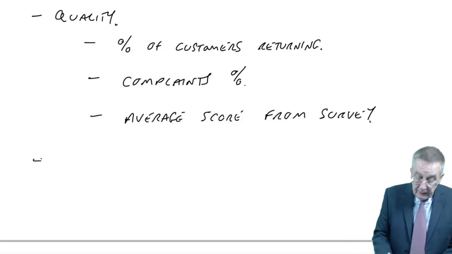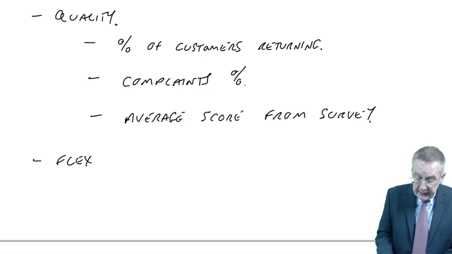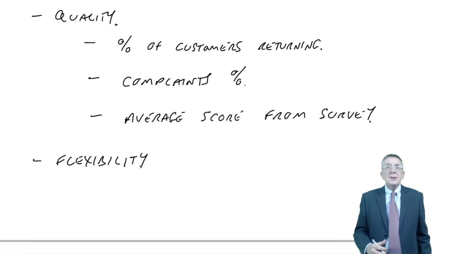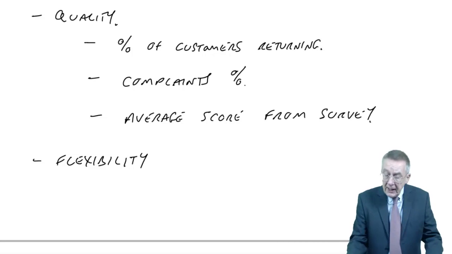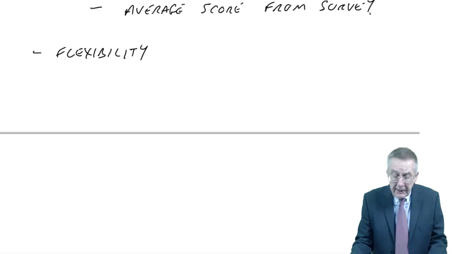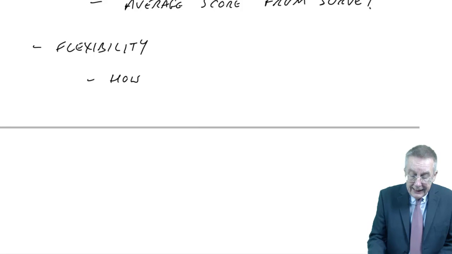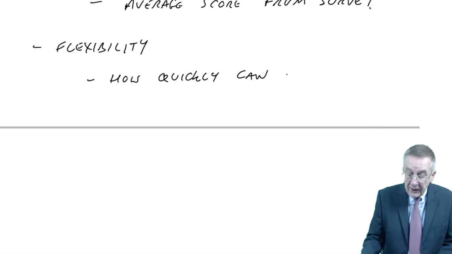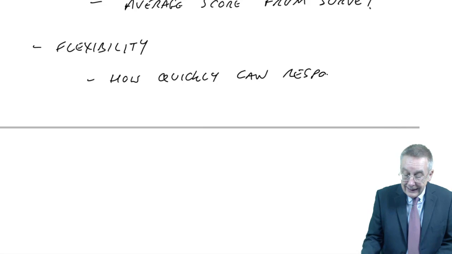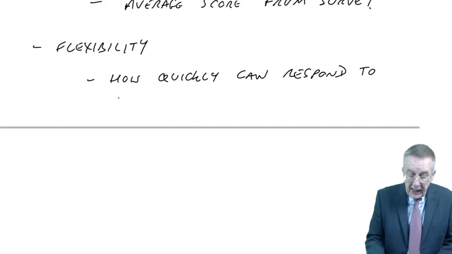All right, the next one is a slightly harder one to explain, flexibility. I'll write first what we mean by flexibility, but then I'll give you an example: how quickly can we respond to changes in the level of demand.